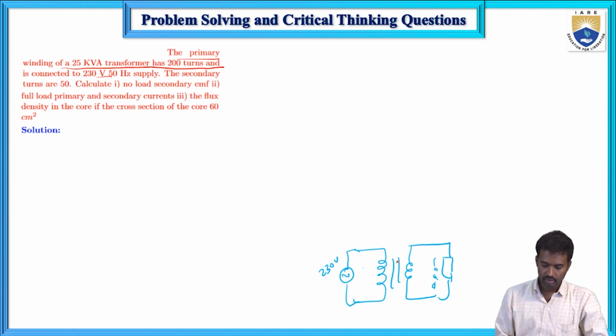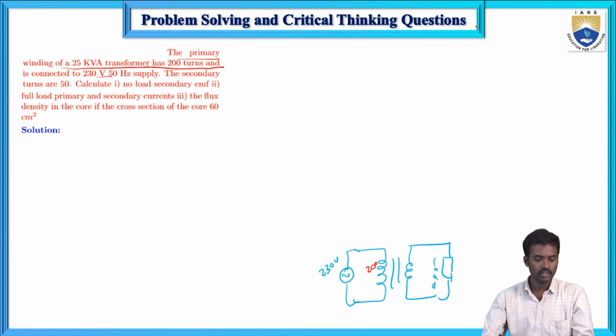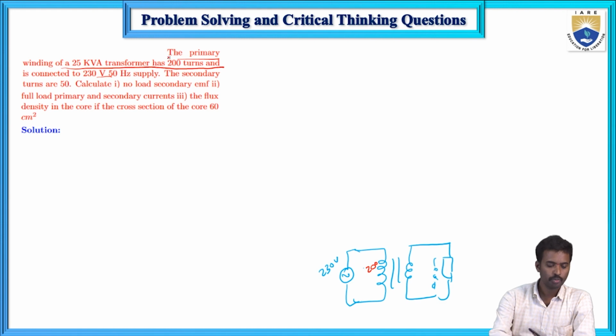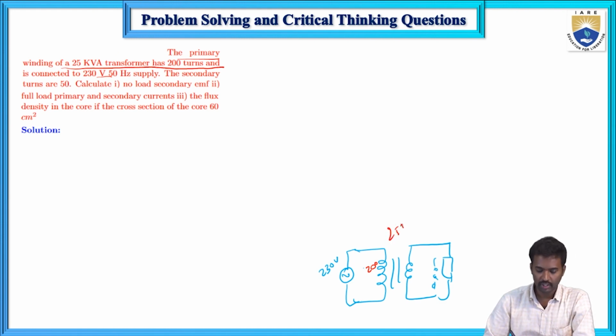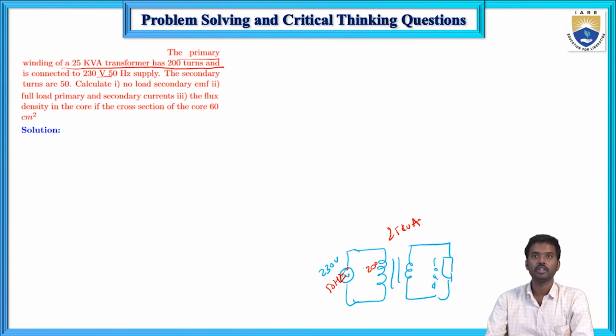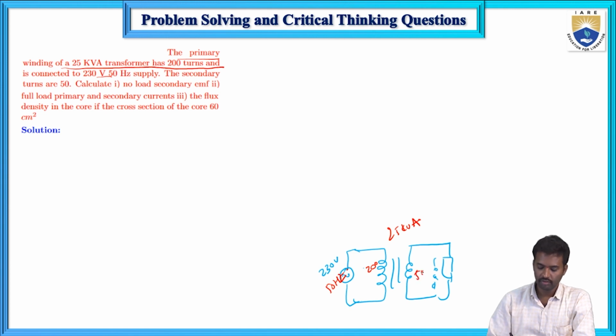Primary winding turns are 200, and next, no load on the secondary winding. This is a 25 kVA transformer, and this is 50 Hz. And secondary turns are 50.